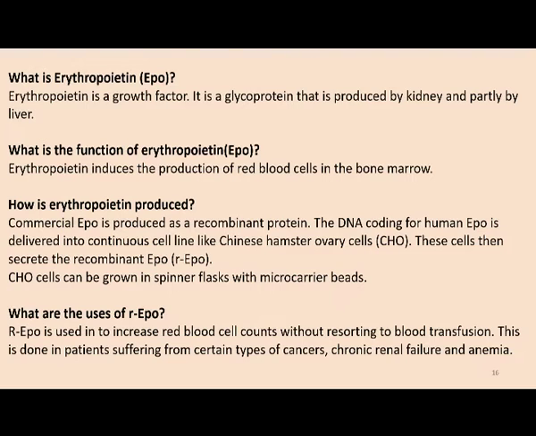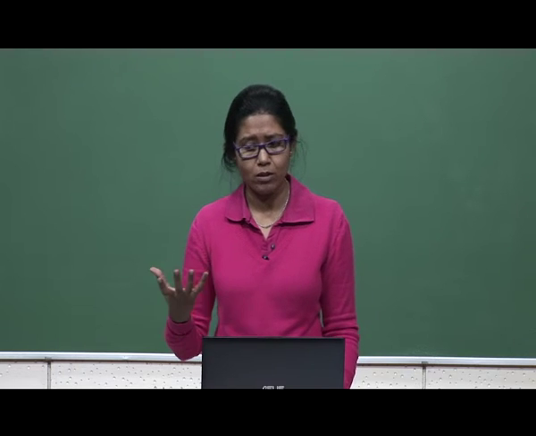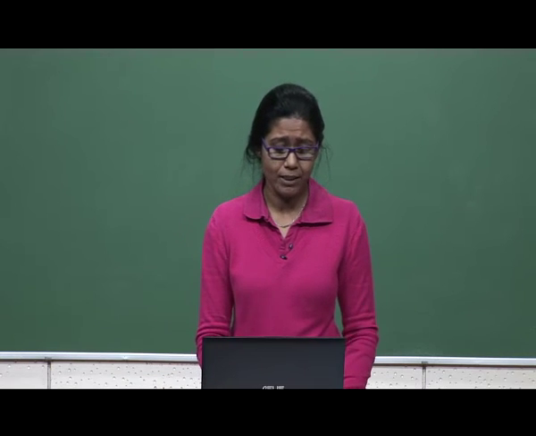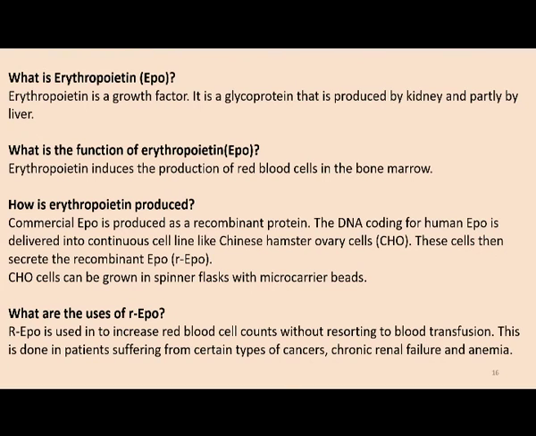Using recombinant DNA technology, you will be able to produce the DNA that would code for the protein erythropoietin, and if you insert this DNA into a proper cell, which could be a human cell line or a similar kind of eukaryotic cell that is able to properly fold and glycosylate erythropoietin, then you can produce that protein in those cells. Commercially, erythropoietin is produced in CHO cells, which are Chinese hamster ovary cells.